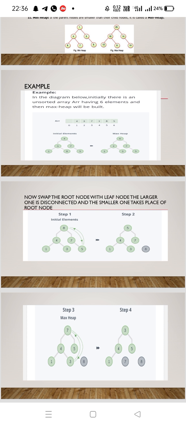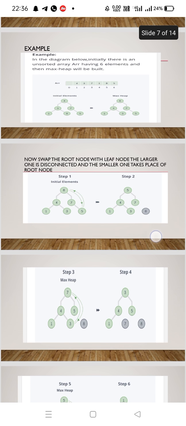Now it compares 8 and 5. 8 is the larger element and it will be disconnected, and 5 is the smaller element and it takes the position of the root node. Now in step 3, it compares 7 and 3. 7 is the larger element and it is disconnected, and 3 is the smaller element and it takes the place of the root node.